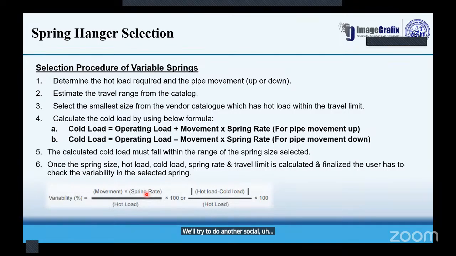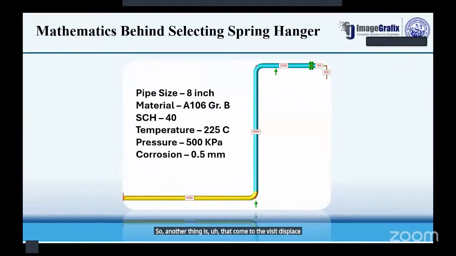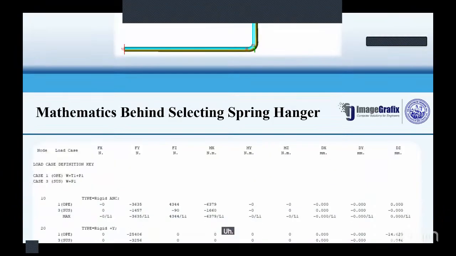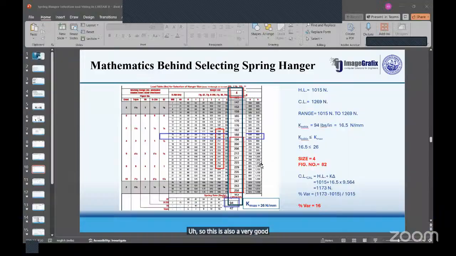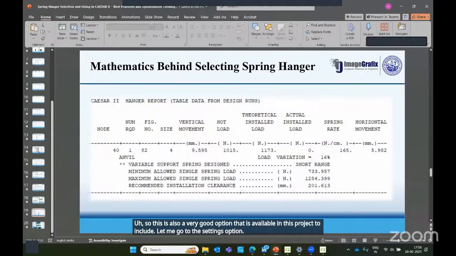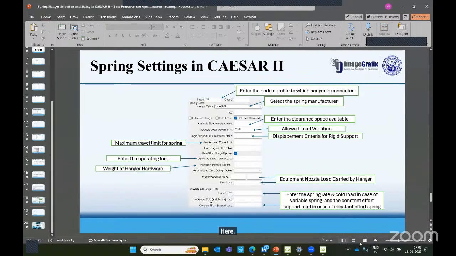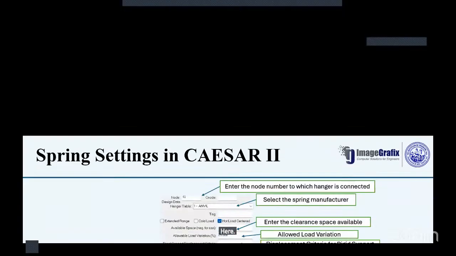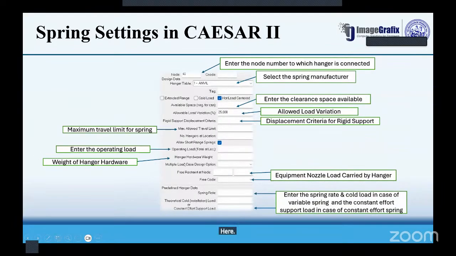Another thing is the rigid displacement criteria. This is also a very good option available in Caesar II. Let me go to the settings option here. The rigid displacement criteria is used if the load variation and the movement are very small, but you have selected a spring hanger.